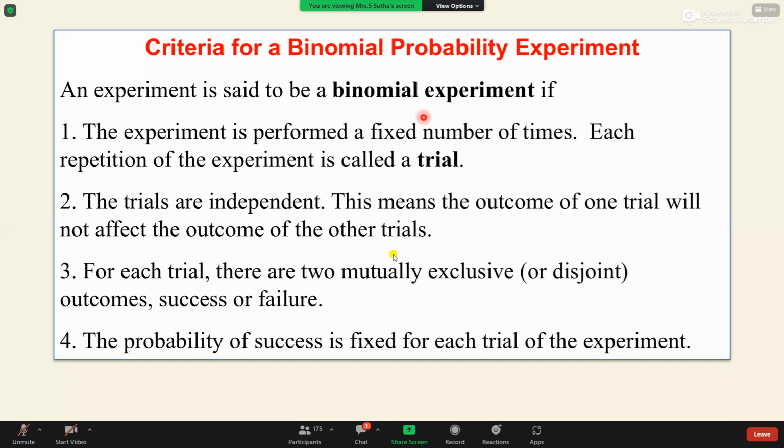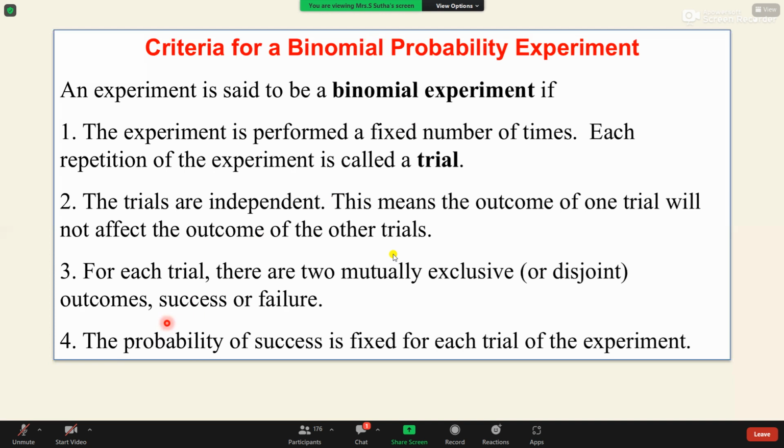Right? So these are the only two outcomes, defective or non-defective. So examining the product, whether it's defective or non-defective, that is a binomial random experiment.